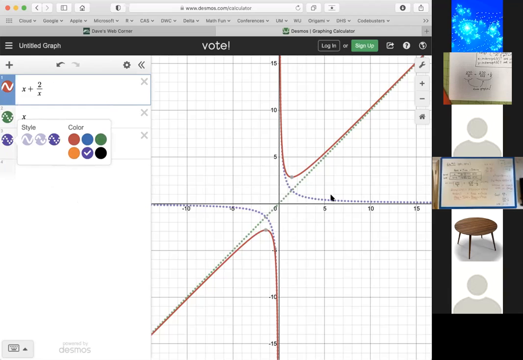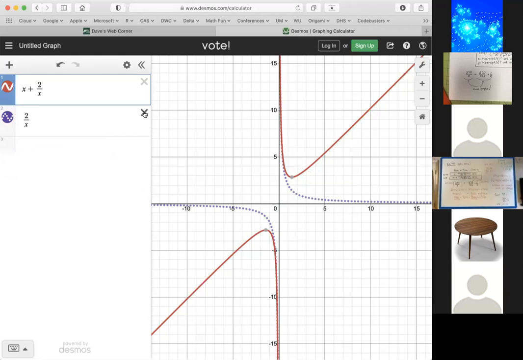Think about that. As you go on and on, the purple thing is nearly 0, so you don't add much to the green thing. But as you go close to x equals 0, the purple thing shoots through the roof, and so does the red thing. So in a funny way, the red thing is exactly the purple thing plus the green thing.